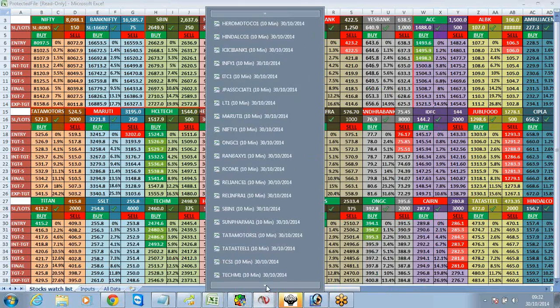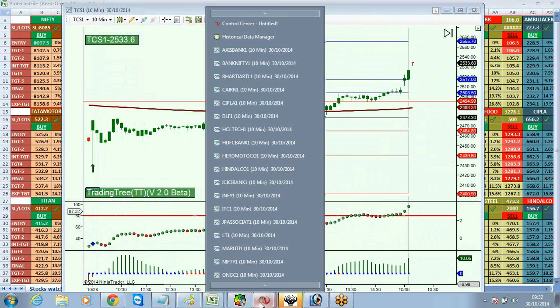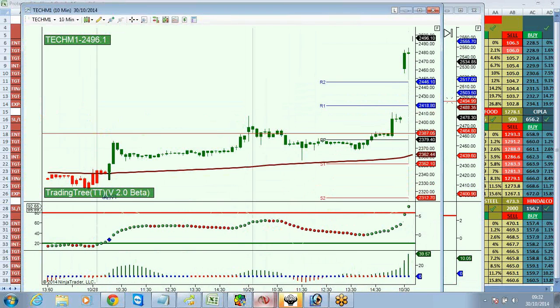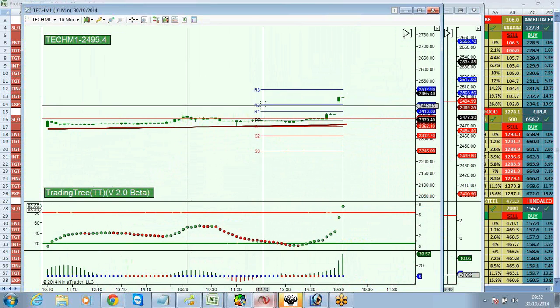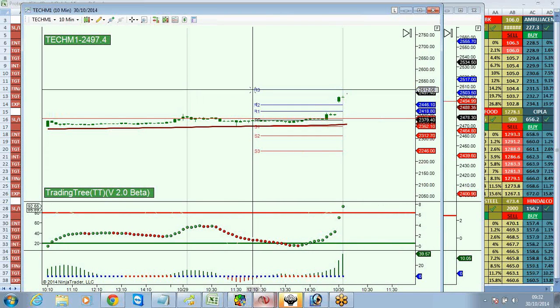Same thing for TCS also. TCS, Tech Mahindra. You can see Tech Mahindra is on results, but there is some other news, that is Fed news also. You can look for a target of R3 in Tech Mahindra.